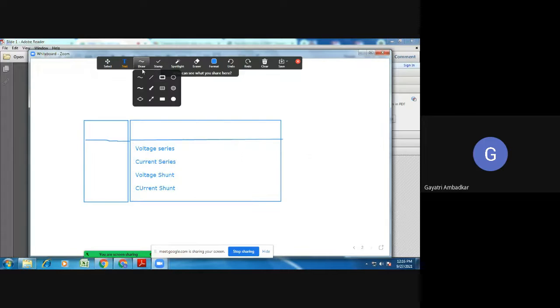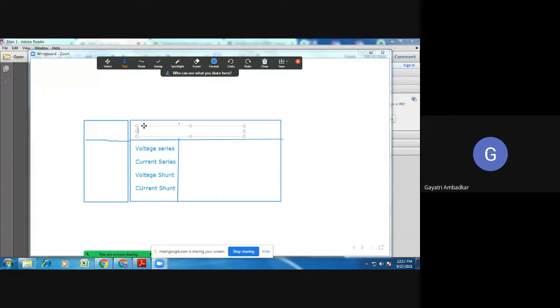Now this is an important question which will appear in the examination, and if you write a proper comparison, you will get full marks. Now what I am supposed to write here: this is the name of my feedback amplifier.